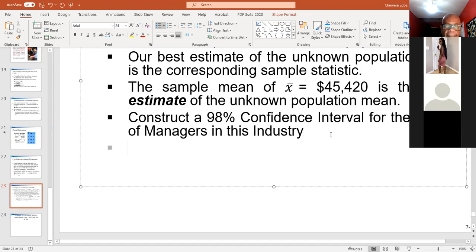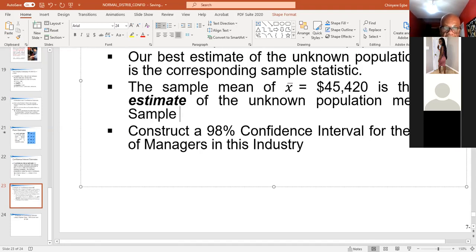How we construct that is that we take this sample mean and the sample standard deviation. I forgot to include the standard deviation here, say a sample standard deviation of 3,500, and say what could be the true average population.